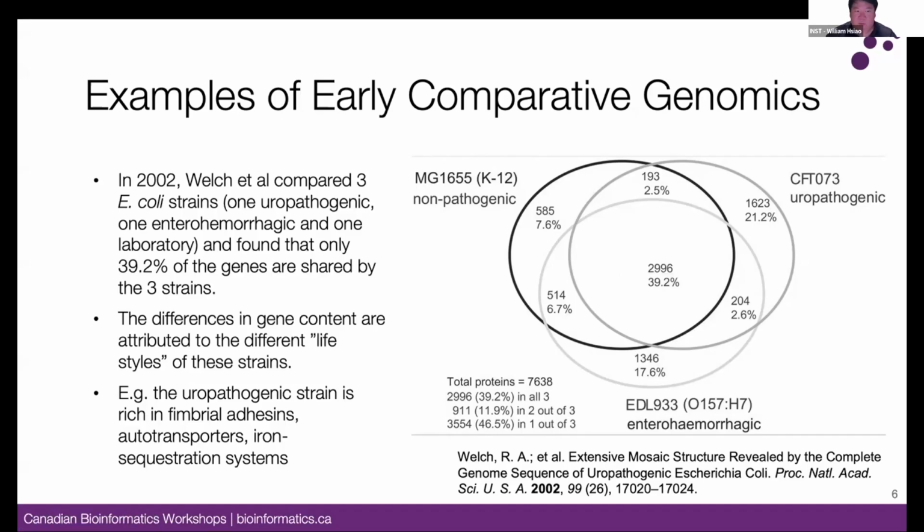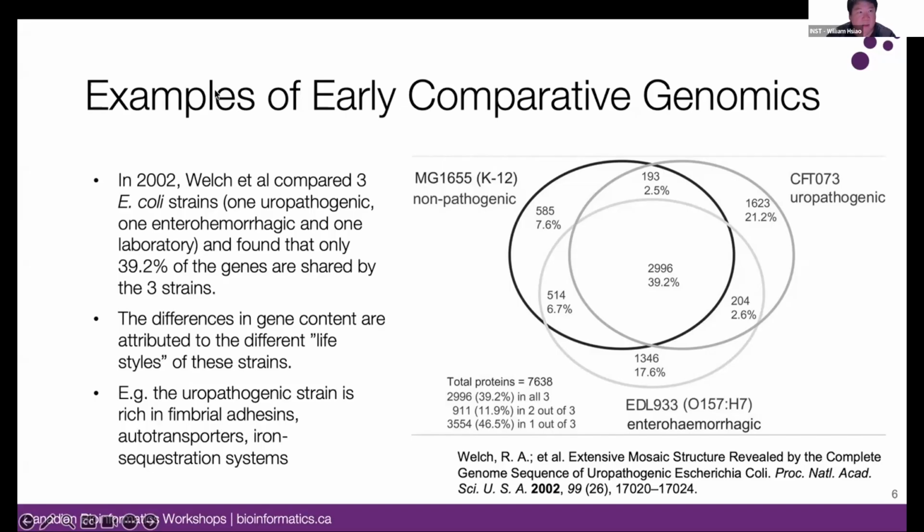So, for example, the uropathogenic strain is rich in fimbrial adhesins and autotransporters and iron sequestering systems, things that are useful in the urogenital tract of the host. So that's back in 2002.